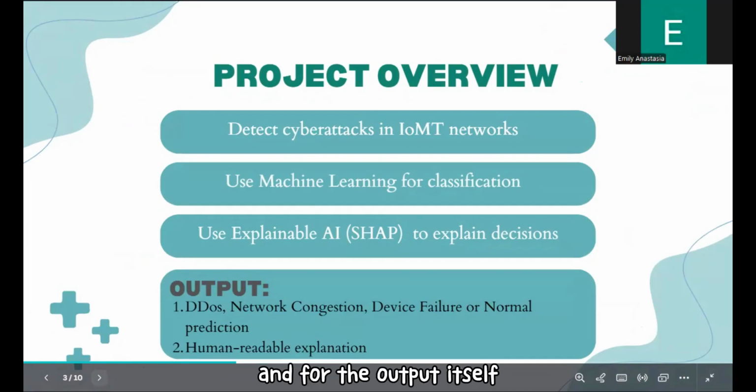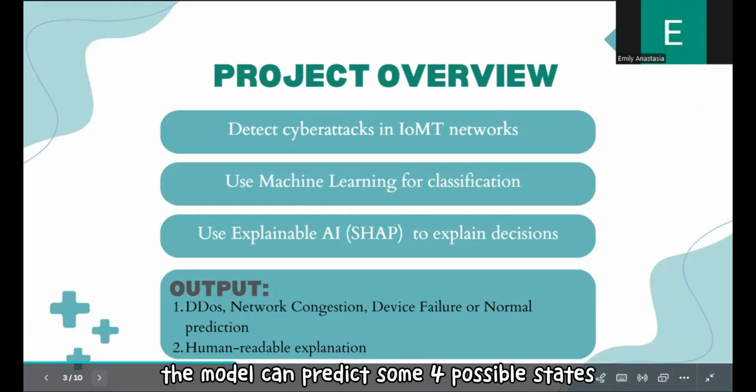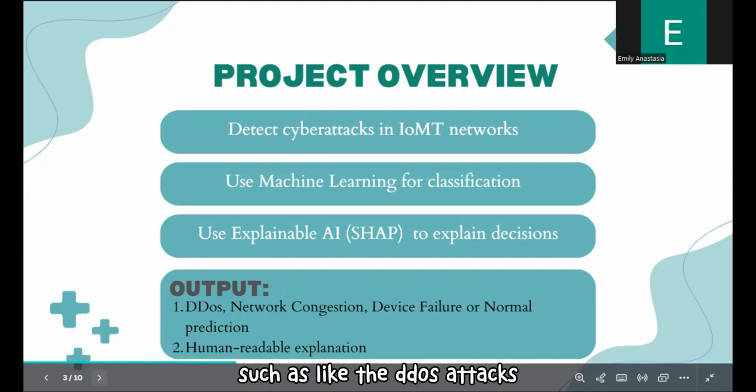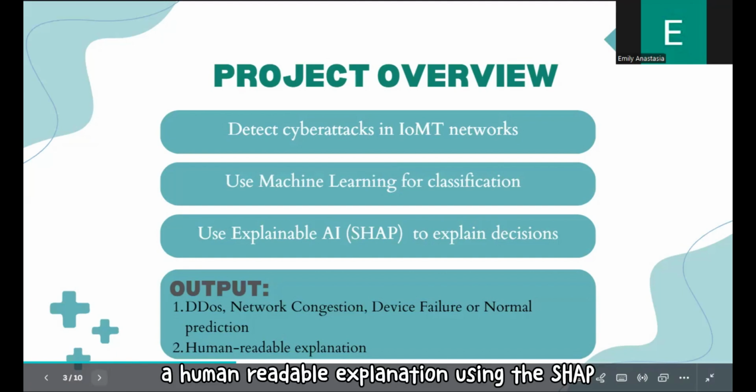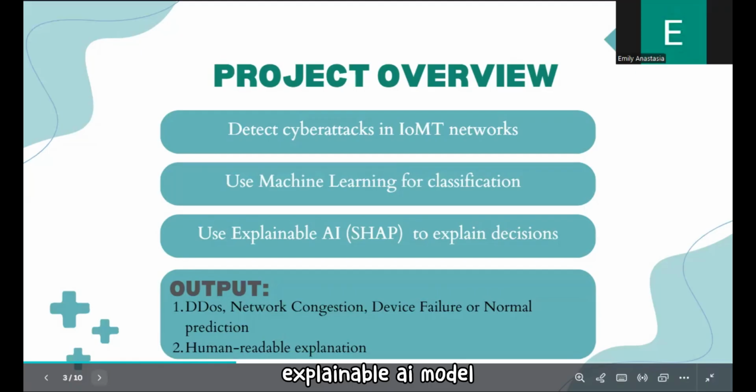The model can predict four possible states: DDoS attacks, network congestion, device failure, and normal operations. I also provide a human-readable explanation using the SHAP explainable AI model.